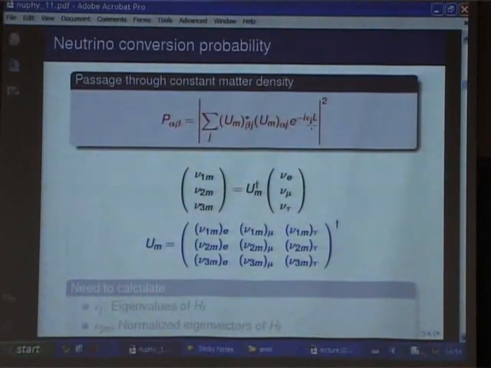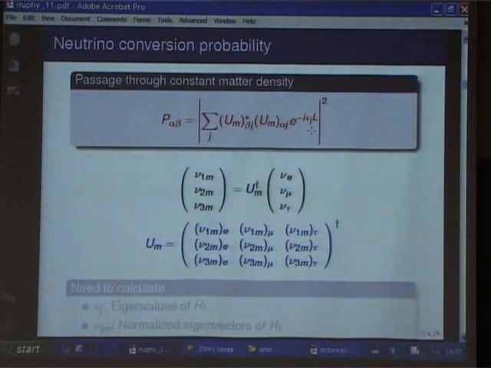It's clear so far? So once I calculate these quantities, I know what to do. Epsilon j is the eigenvalues of the flavor Hamiltonian. So how to get epsilon j is very simple.